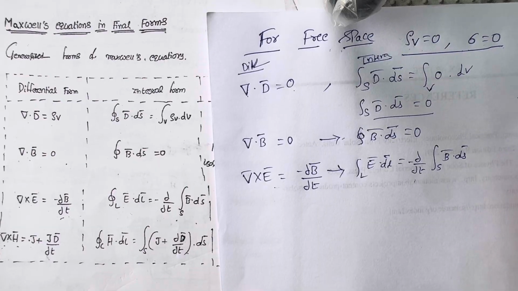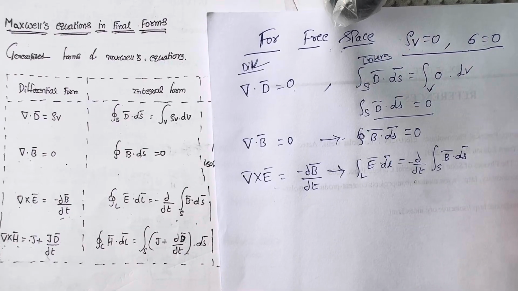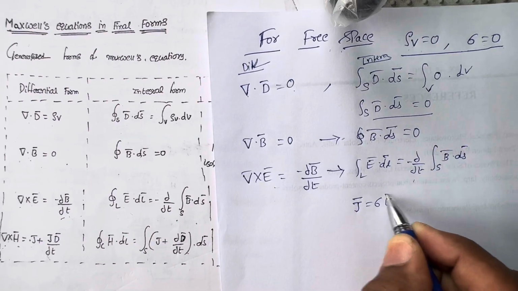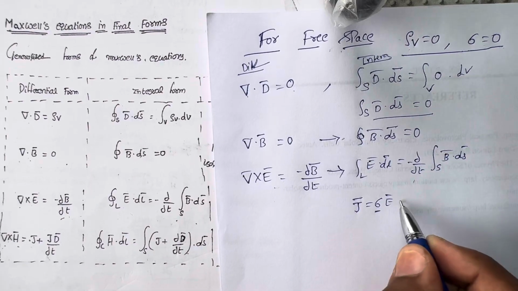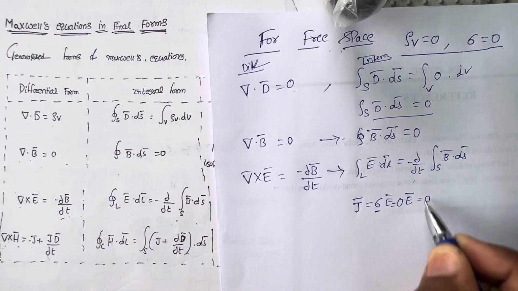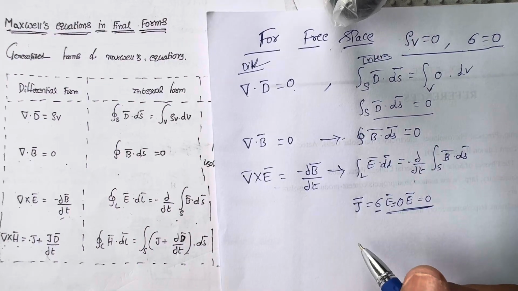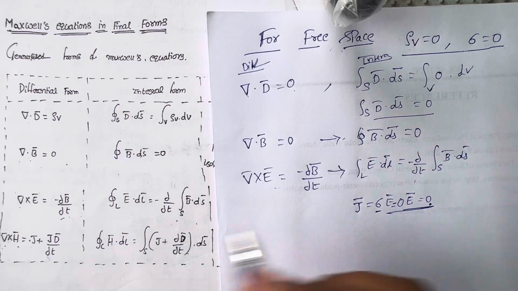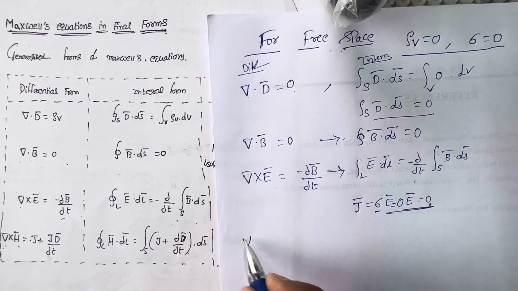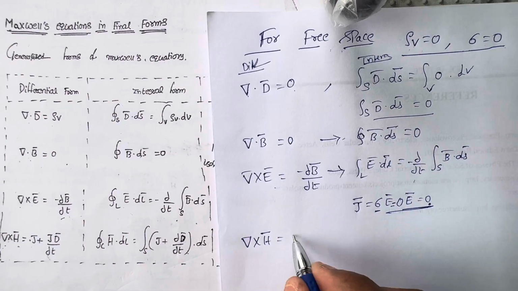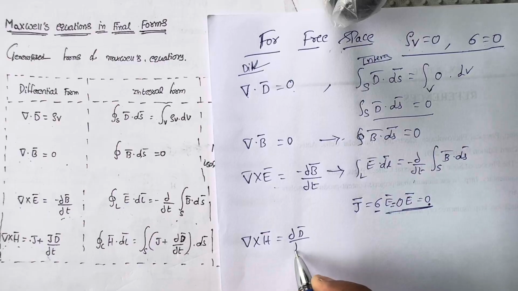J bar is equal to sigma E bar. Here the sigma value is 0, so J bar equals 0. Now I am substituting the J bar value 0 in this equation, so del cross H bar equal to 0 plus dou D bar by dou t.